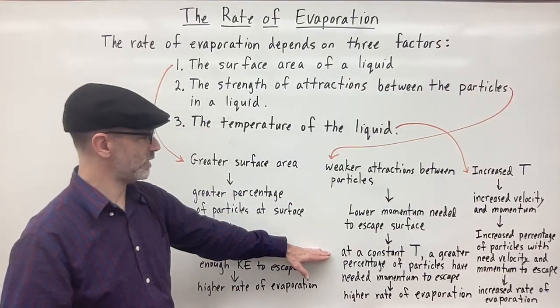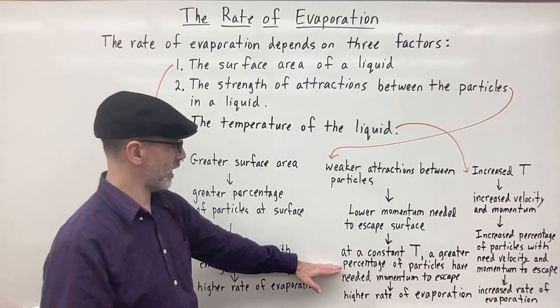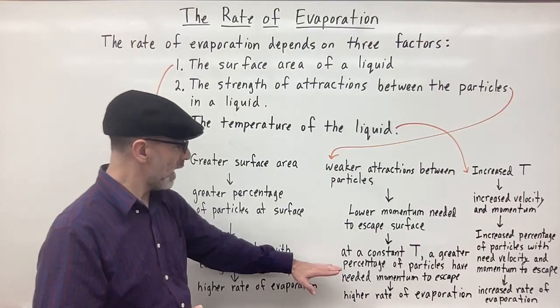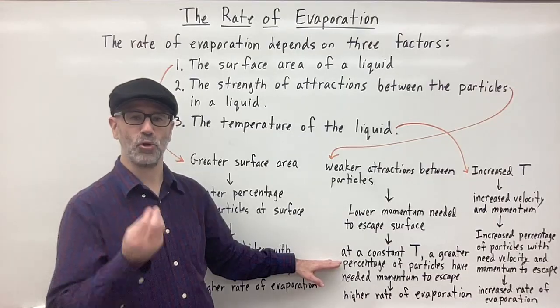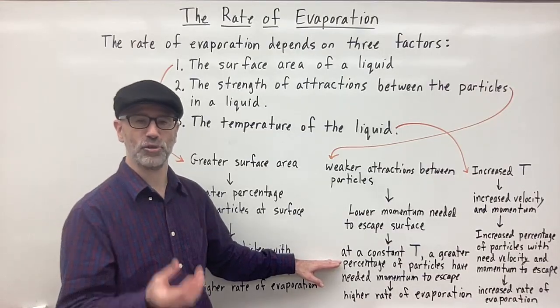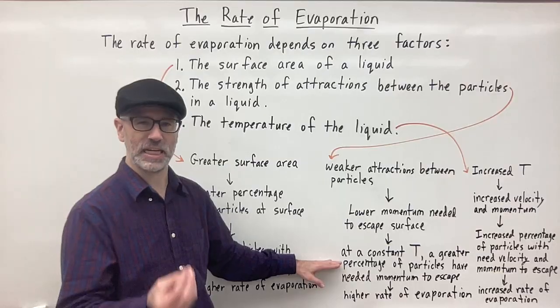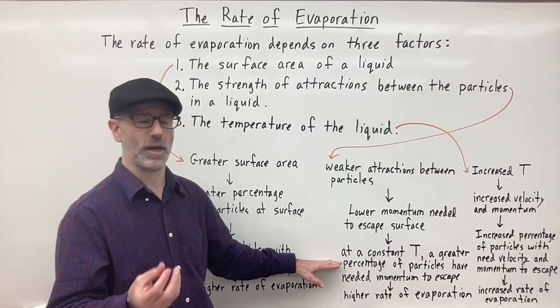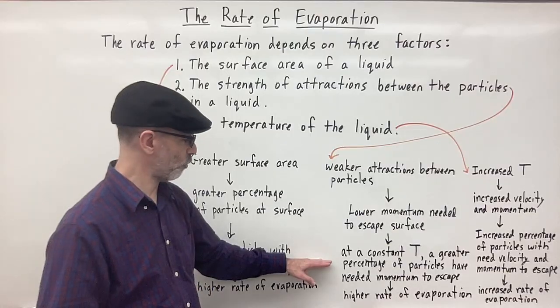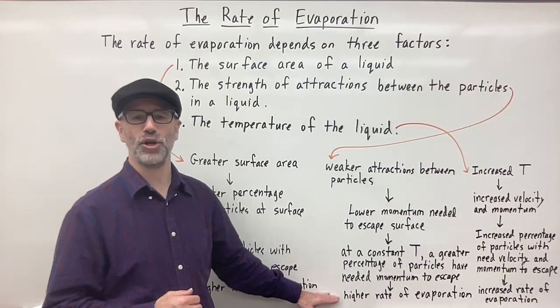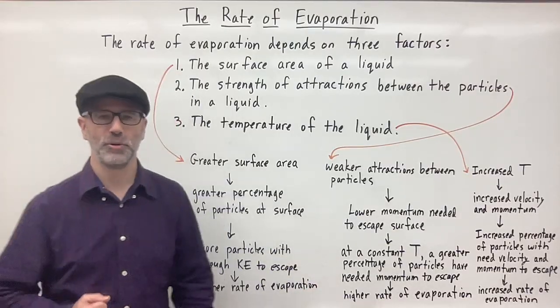Therefore, at a constant temperature, a greater percentage of the particles at the surface have the needed momentum and kinetic energy to break free and escape, and therefore you're going to have a higher rate of evaporation.